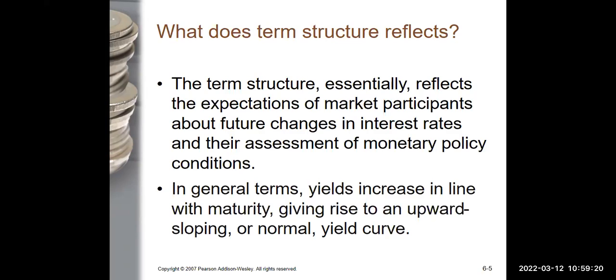And similarly, you might also expect the interest rates to be the same in the future, so you can have a flat yield curve. So in general terms, yield increases in line with the maturity, giving rise to an upward sloping, normal yield curve.